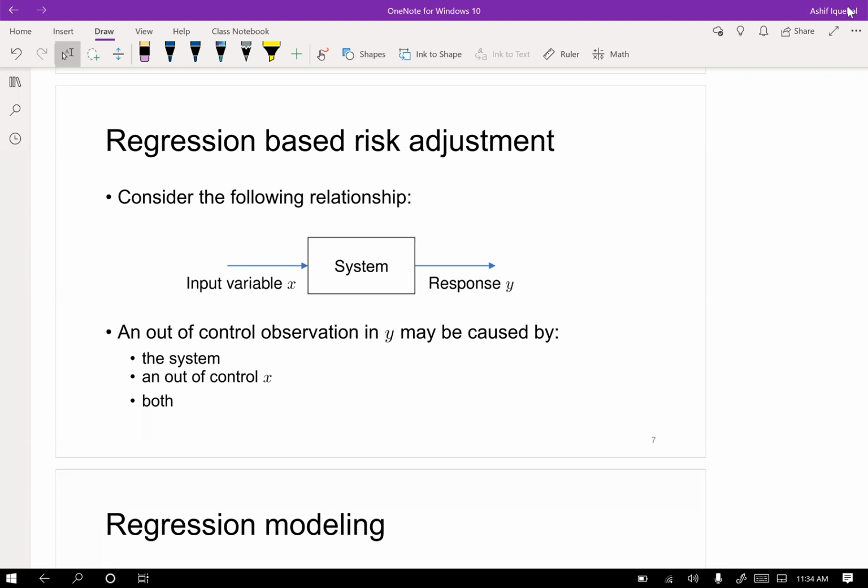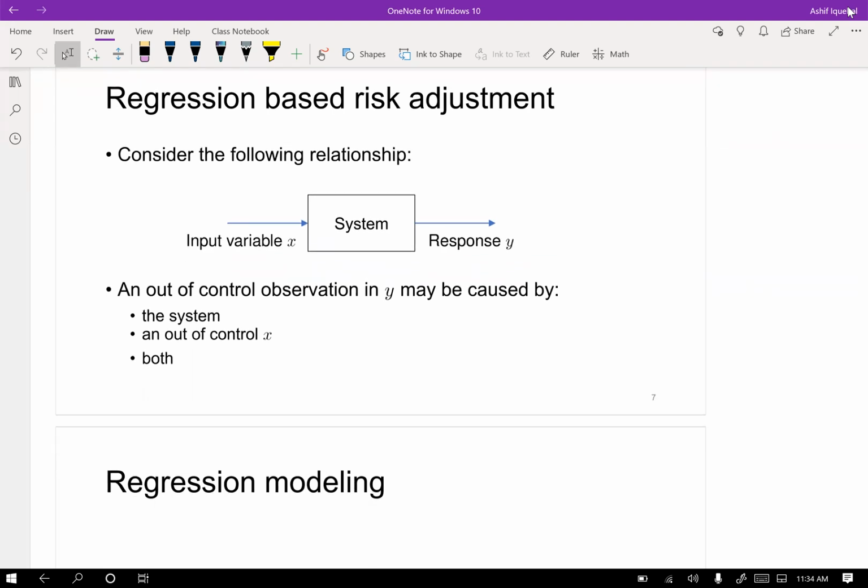So what we do in regression is typically we consider a relationship between some input variables X and some response Y. Again, this response, you can take an example of mortality rate. This is not the only example. If you look into manufacturing, your response Y can be weight of a component, right? It could be hardness of a material. So the response can be a plethora of things.